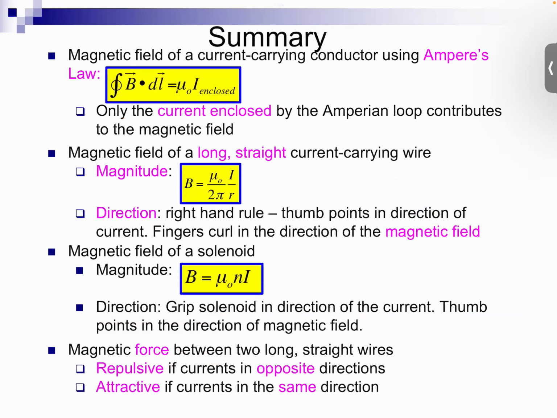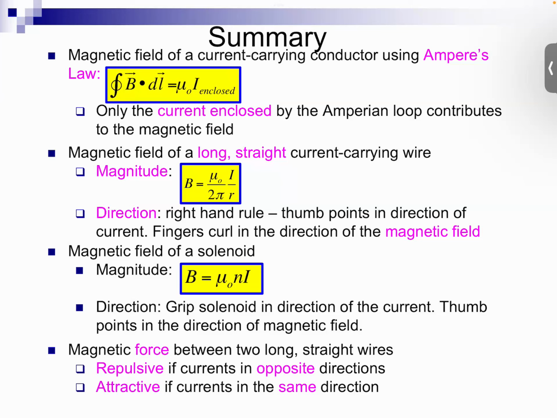Right, so any questions about the topic? What we've covered is that if you have a current, that current will generate a magnetic field around itself, much like moving charges will generate a magnetic field around themselves. And we used Ampere's law to find the magnetic field generated by a long, straight, current-carrying wire.